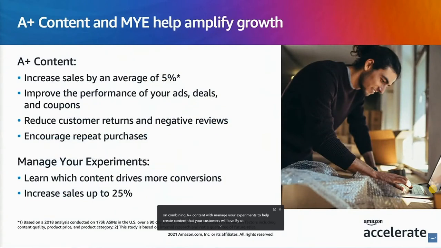By utilizing both A+ Content and Manager Experiments, you can help increase your sales and create content that truly resonates with your customer. To better understand how these solutions can improve your Amazon business, I will turn the presentation over to Terrence to talk more about what A+ Content is and how to best leverage it for your brand.